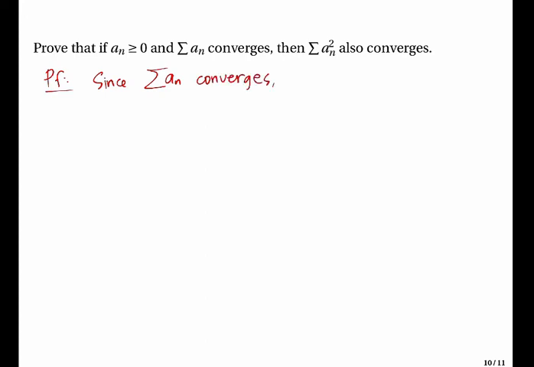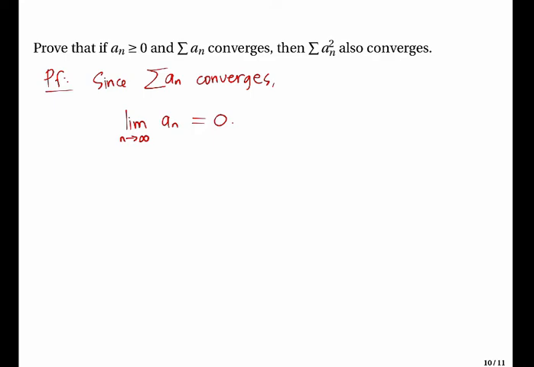Since the sum a n converges, the limit of a n as n approaches plus infinity must be equal to 0. Correct? This is the theorem where we obtained the divergence test.